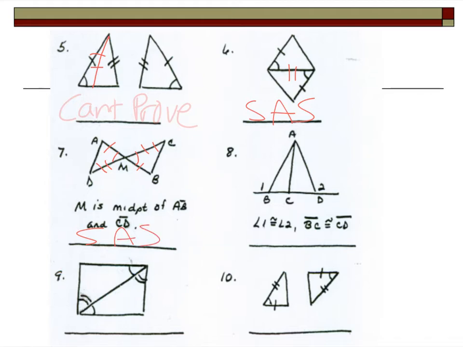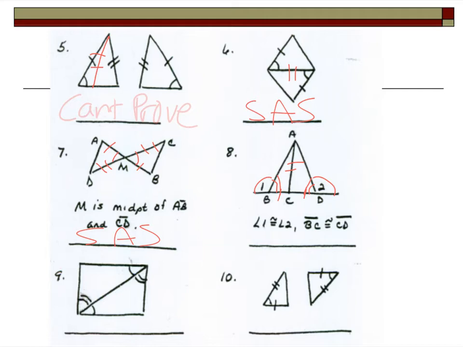Alright, the next one. It says angle 1 is congruent to angle 2. BC and CD are congruent. All right. I know that AC is congruent to itself. So then, what have I got here? Well, if 1 and 2 are congruent, I could go through supplementary or something like that, and get supplements of congruent angles are congruent to get those two congruent.